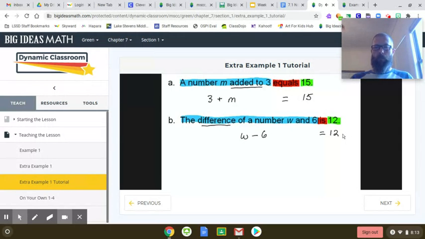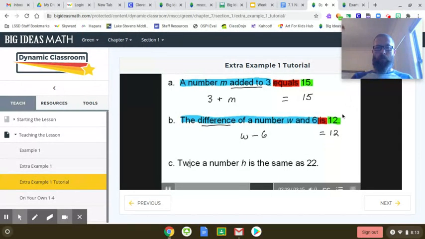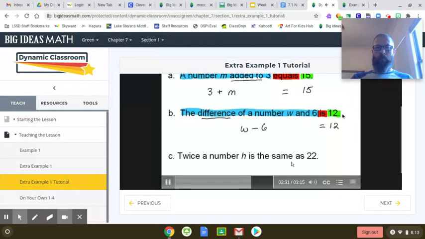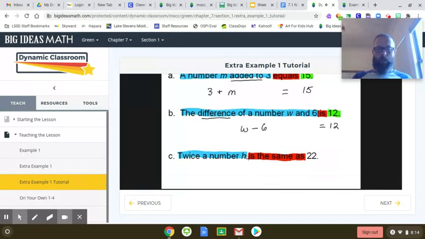Let's look at one more example. Twice the number h is the same as 22. The phrase is the same as represents the equal sign. Twice the number h is the first expression, and 22 is the second expression. Now we are ready to write an equation. In the first expression, the word twice means multiplication.